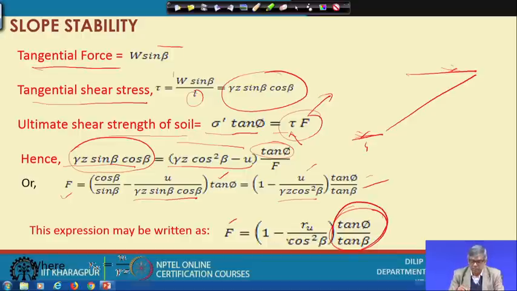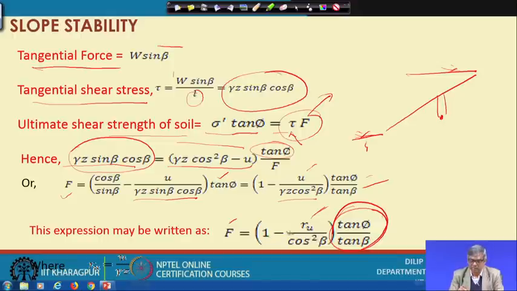And now, because of this, at any point, suppose pore pressure is U, and when pore pressure is there, then your factor of safety equation is modified to 1 minus R U by cos square beta. So, if I know the R U, that is the pore pressure ratio, and the angle, then you can calculate this multiplied by the original factor of safety to become the factor of safety of this equation.